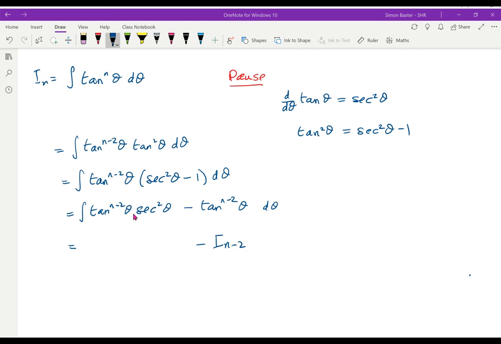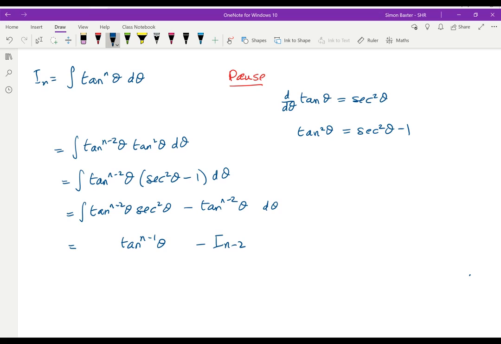What are we going to do with the first part? And this is where you need to remember that we now have u to the n minus 2 du by d theta. This must all have come from differentiating tan to the n minus 1 theta.